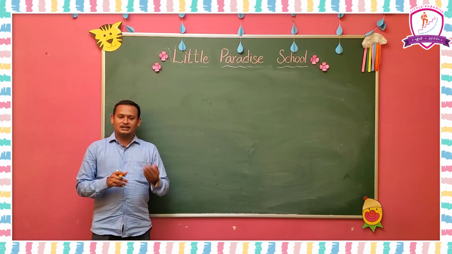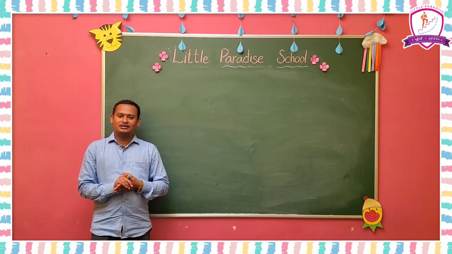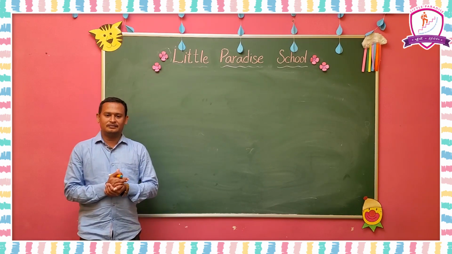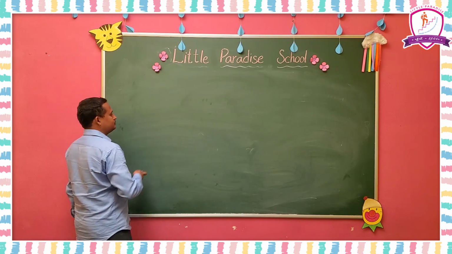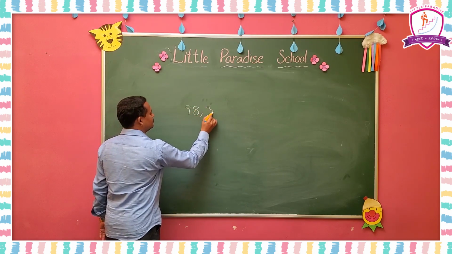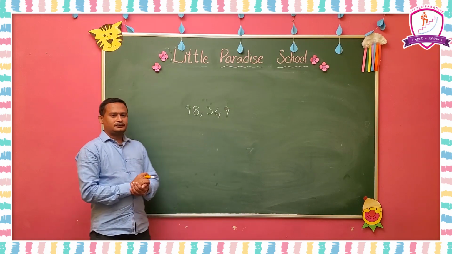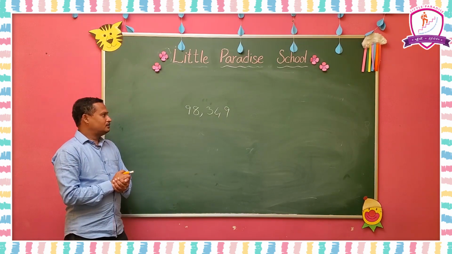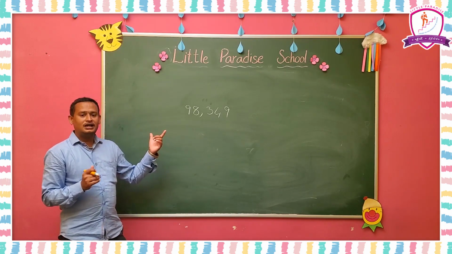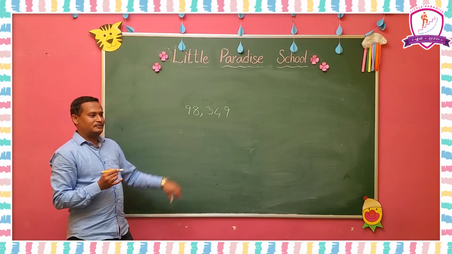Okay. Next, now I am going to write a number on the board. You have to write that into the expanded form. How to write the expanded form? When we are going to write this into expanded form, first you have to recognize the places.